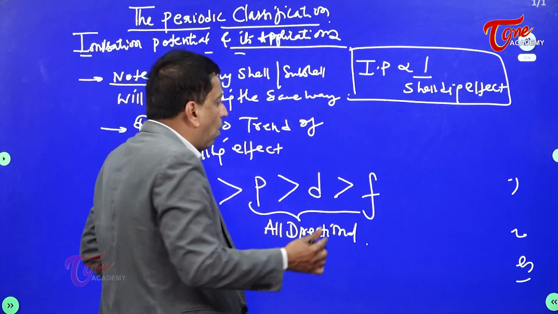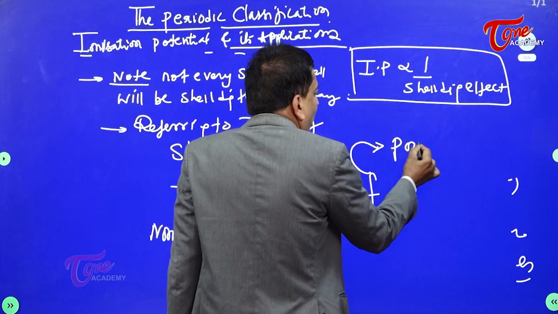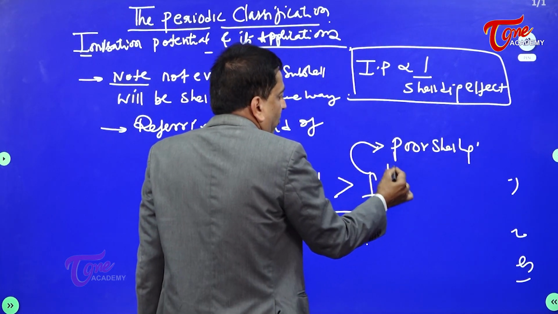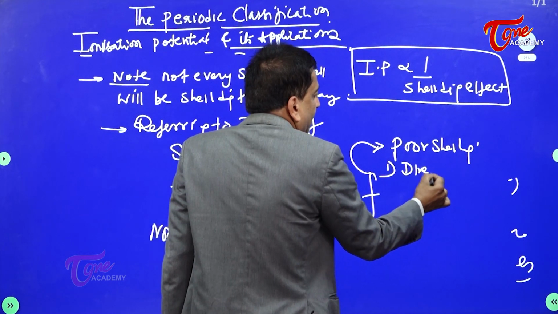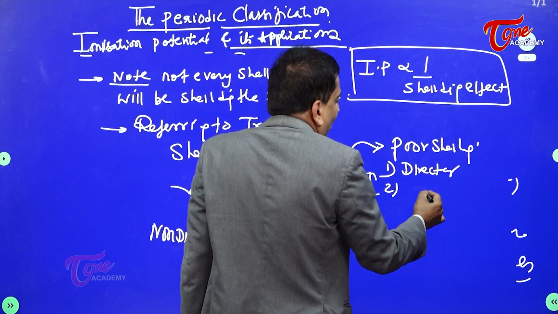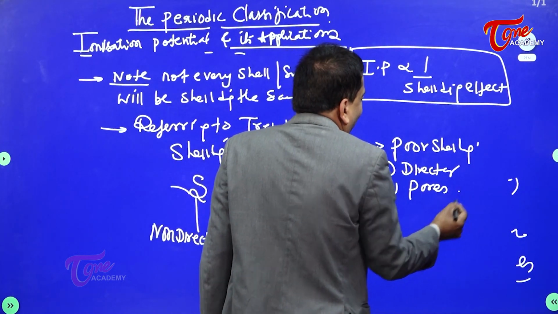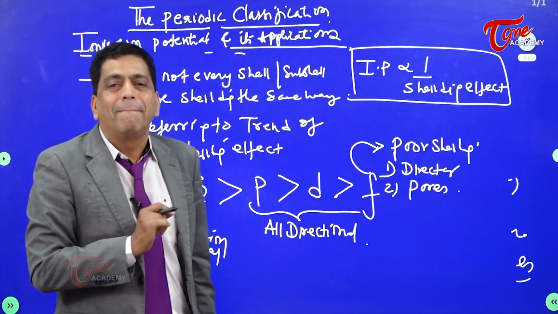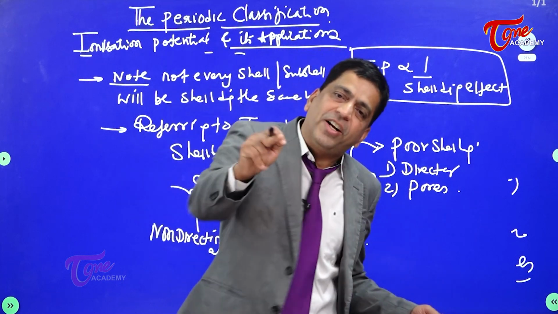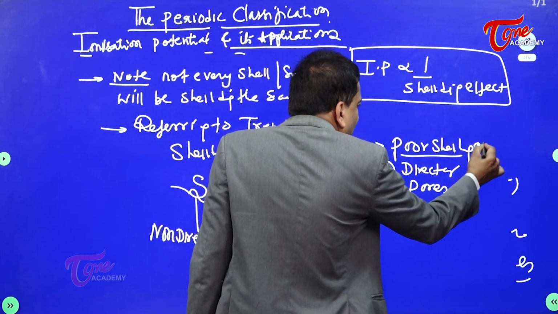On the top, this f subshell is showing poor shielding. There are two reasons for that. First, it is directional. And second, for your understanding, it has pores. When you have pores, the nuclear force of attraction will penetrate through the pores, so f has a poor shielding effect.